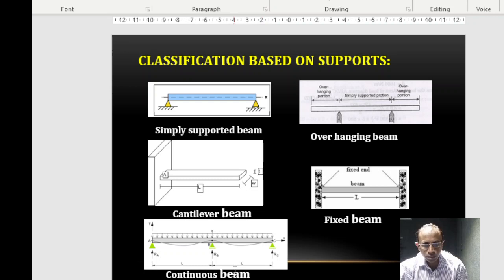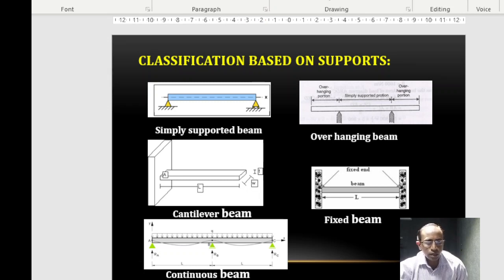And if you are using more than two supports, maybe three hinges, or two hinges and one roller, or one fixed and two rollers, or one fixed and two hinges, any of the combinations, keep on adding. After more than two supports, you can add any number, maybe even 50 or 100, it doesn't matter. But that beam is called continuous.